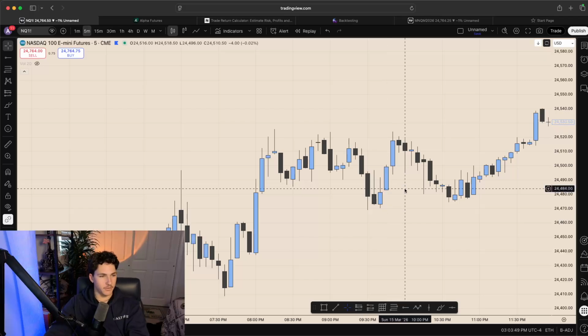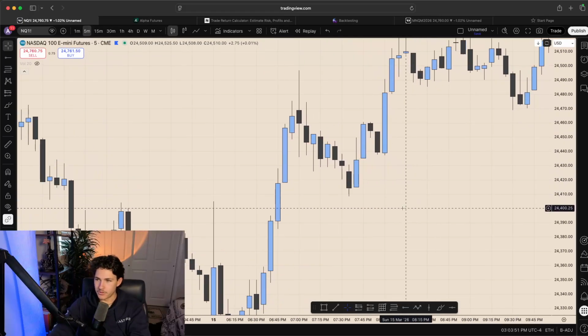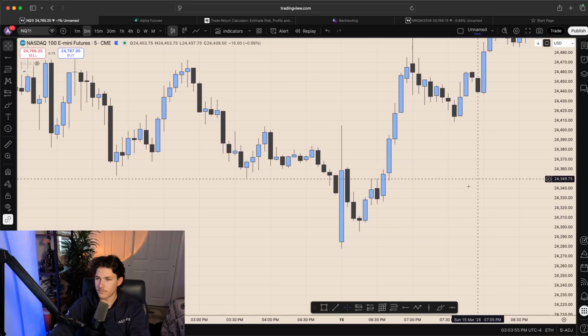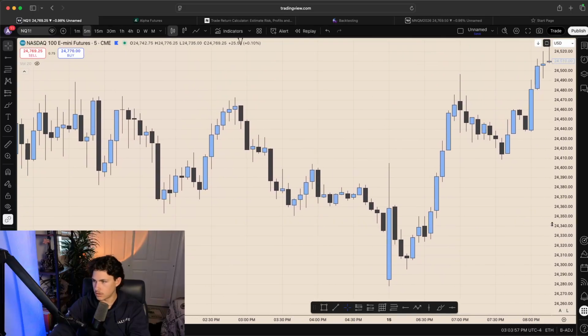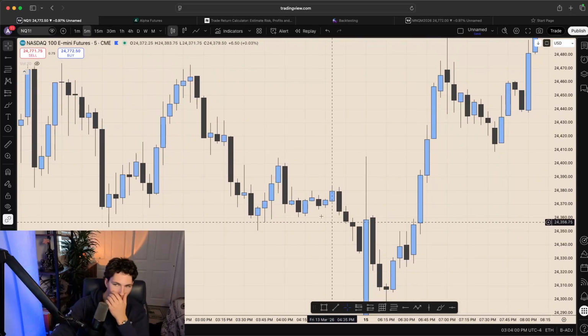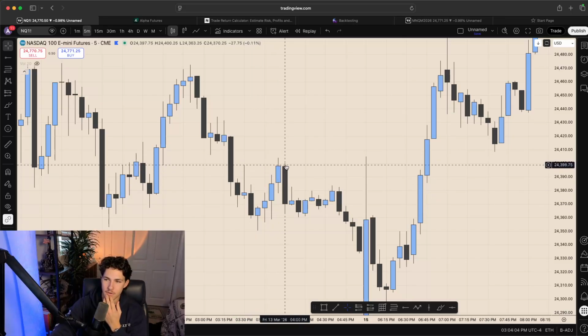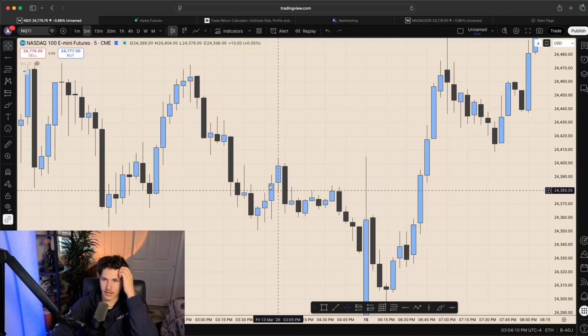It could simply be a liquidity sweep. Just like, let's say, move up, then move down right here. We broke structure just barely and then pushed back down.